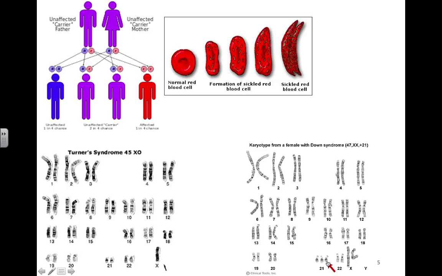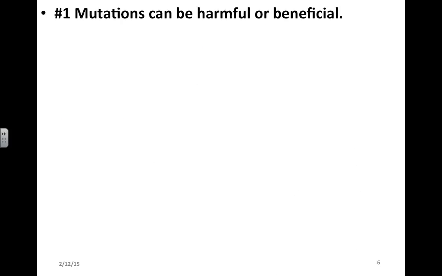The person has intellectual disabilities and characteristic facial features, puffiness, increased chance of heart issues. And so those are some of the effects of having this duplicated 21st chromosome as well.